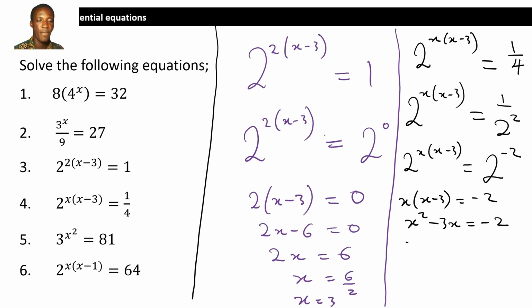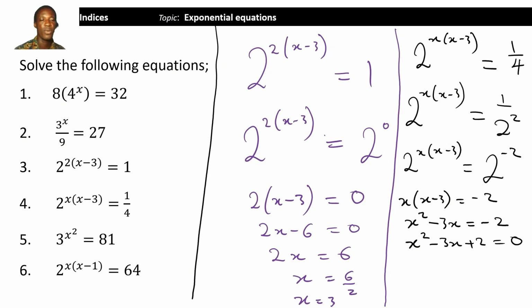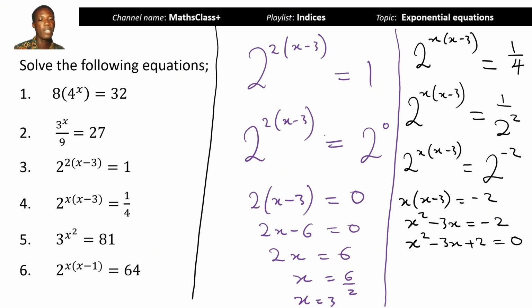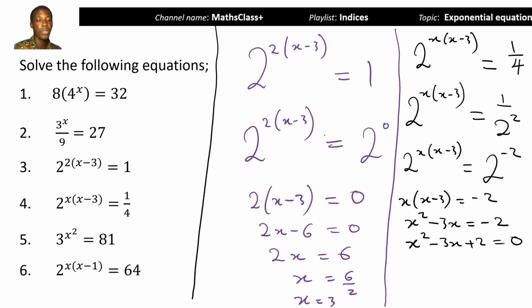So we have obtained a quadratic equation. So we solve and get the values of x. So the coefficient of x squared is 1 and the constant is also 2. When we do the multiplication, that will give us positive 2.